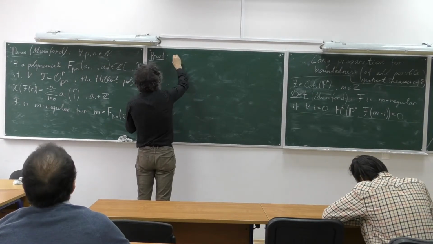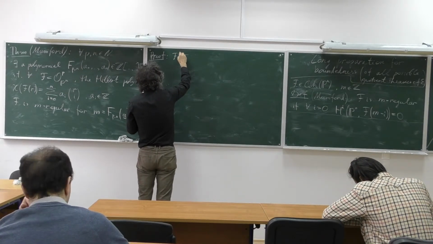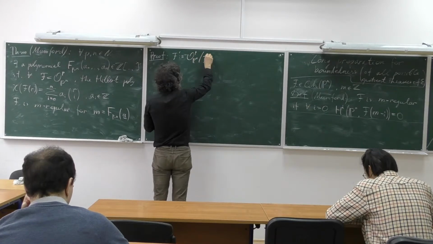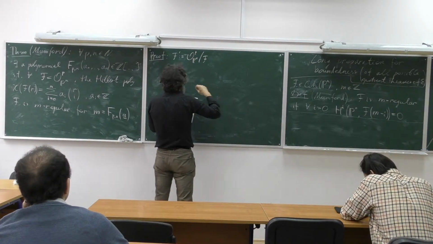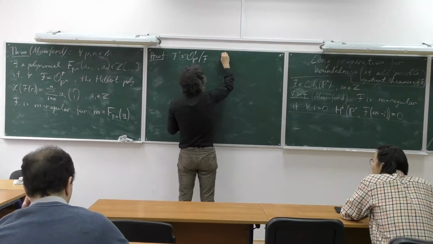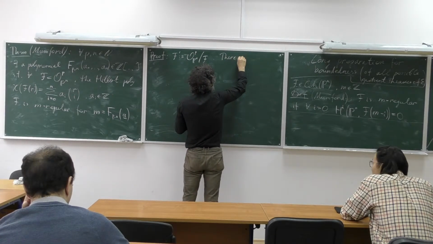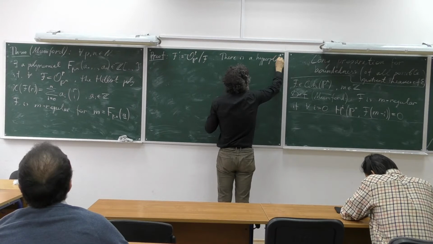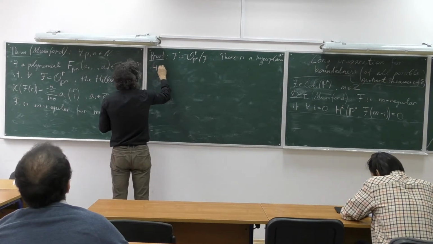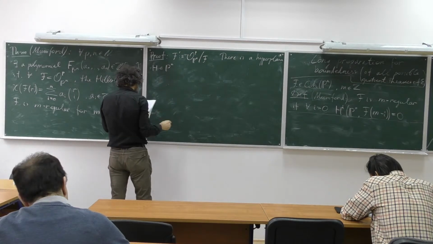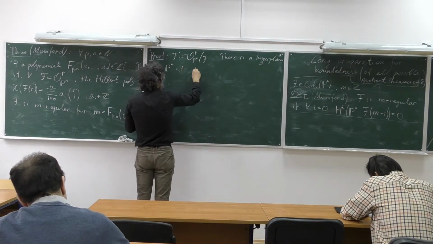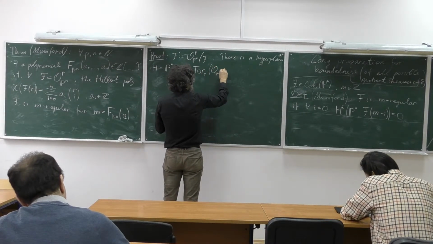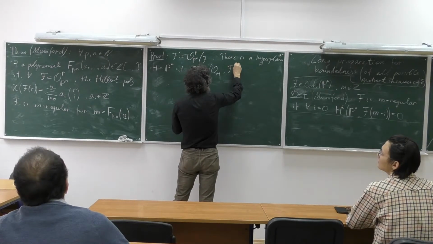Okay, so we consider the corresponding quotient sheaf. And we know that there is a hyperplane H in the projective space such that the first Tor of this hyperplane structure sheaf and F prime is 0.